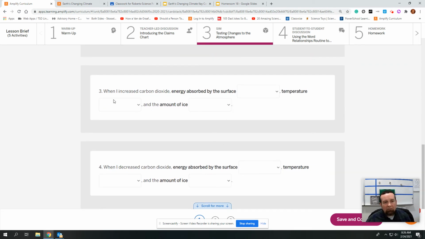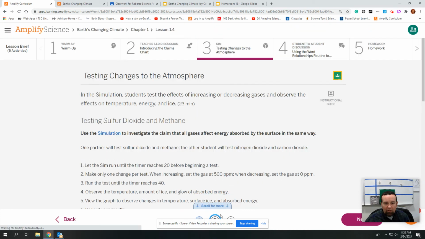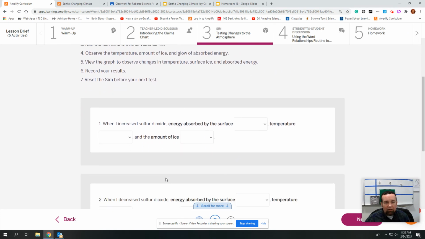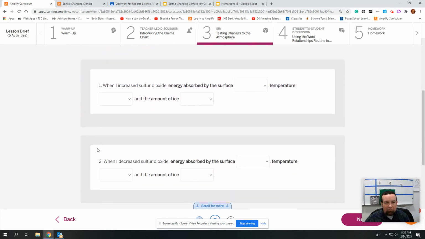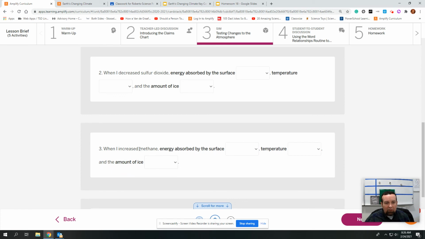Now we're going to continue on testing carbon dioxide, and I also want to point out that for page 2 here, part 3, we're going to move on to sulfur dioxide, and we're going to move on to methane.